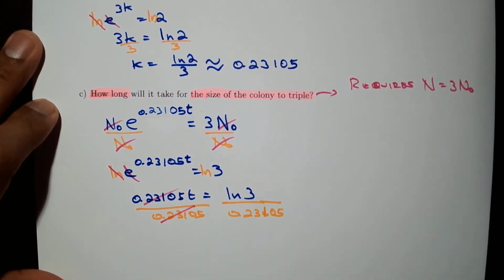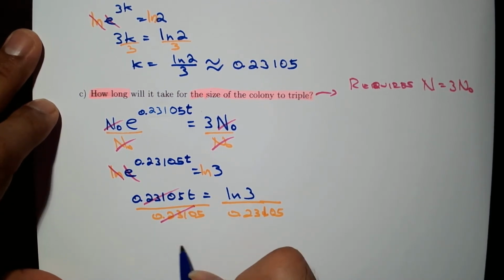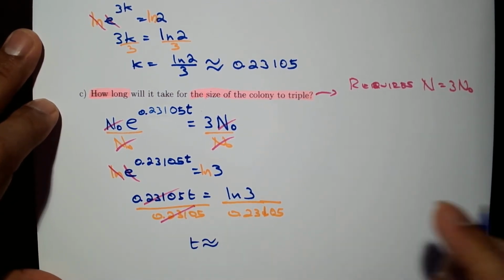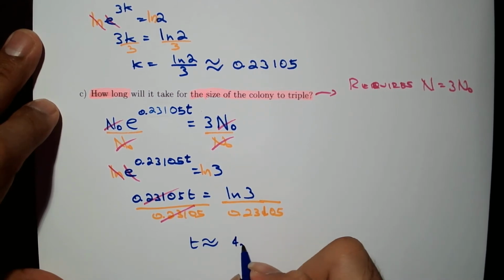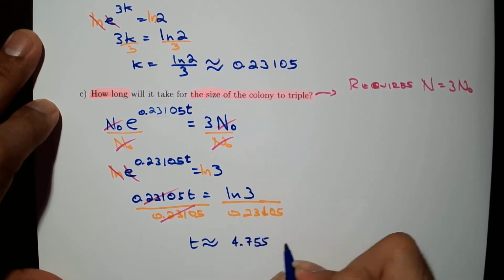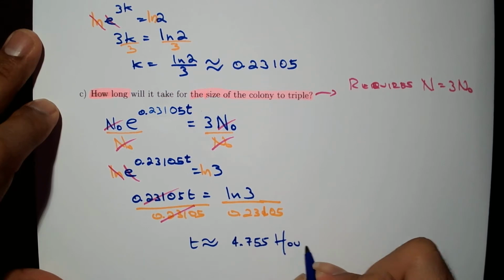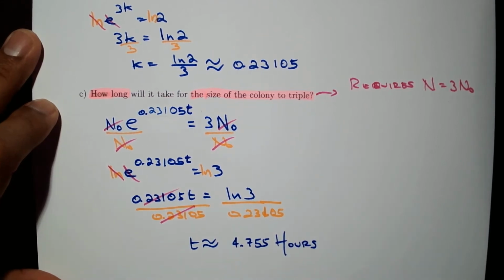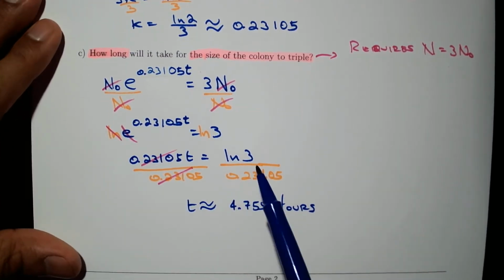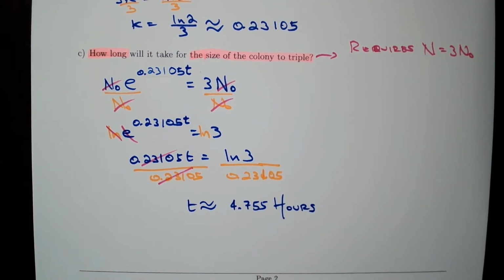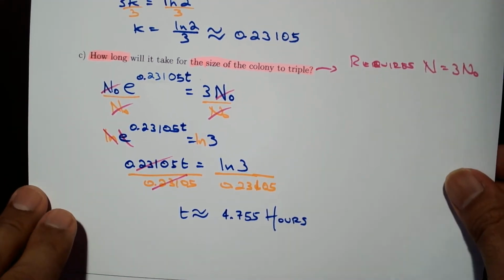Cancel, cancel, and in this case t will be approximately 4.755 hours if we use a calculator to simplify this quantity. So that was another example of how to apply exponential functions.